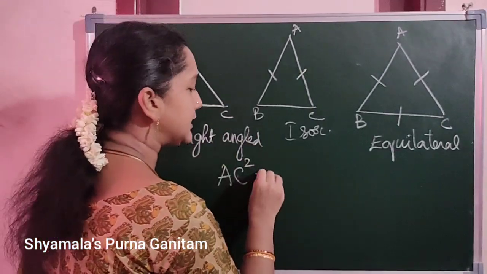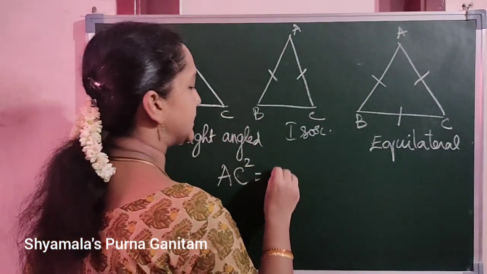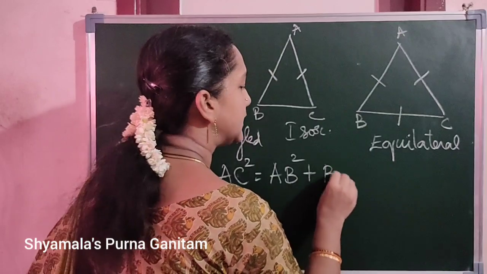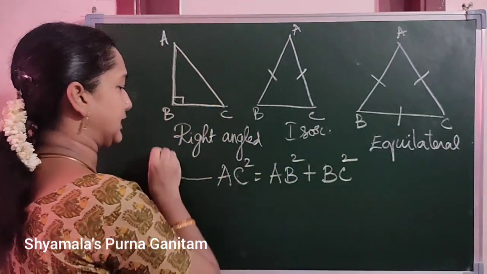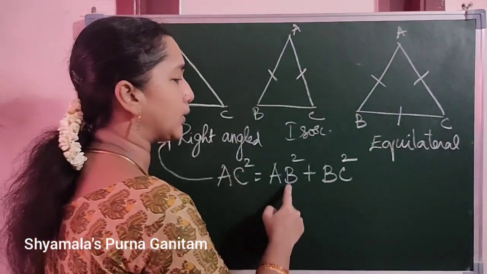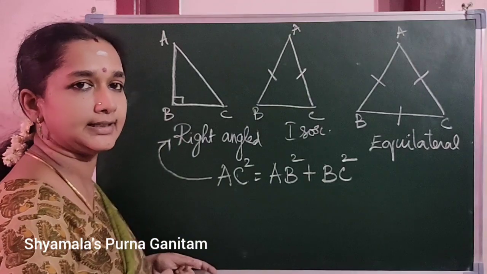If AC squared, that is hypotenuse squared, is equal to the sum of the squares of the other two sides, AB squared plus BC squared, then you can say that it is a right angle triangle.